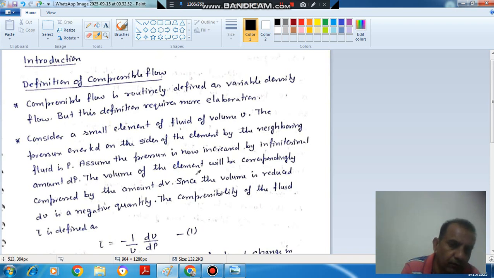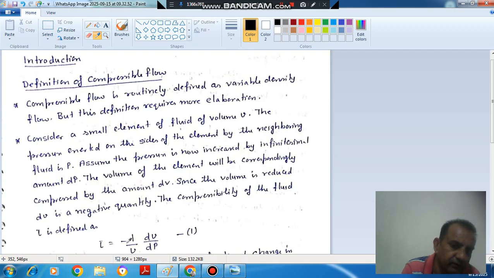The volume of the element will be correspondingly compressed by an amount dV. Since the volume is reduced by dV, which is a negative quantity, the compressibility of fluid is defined as negative 1 by V dV by dP.